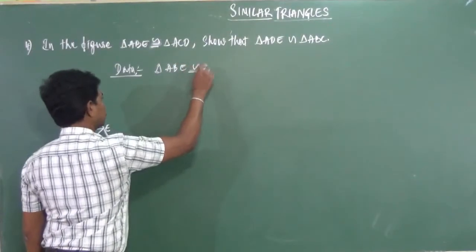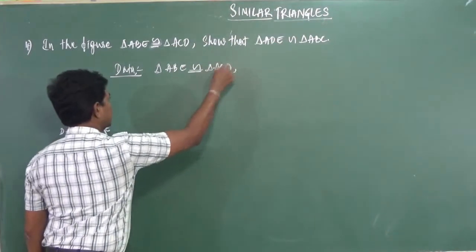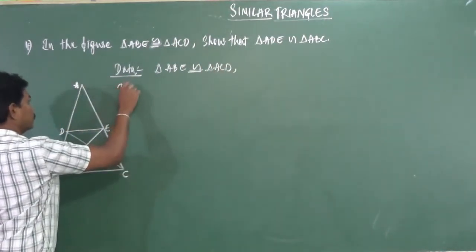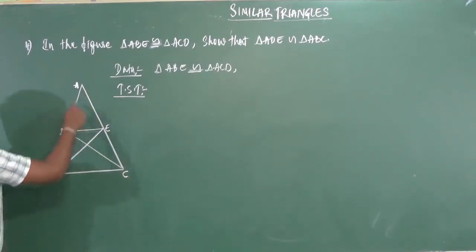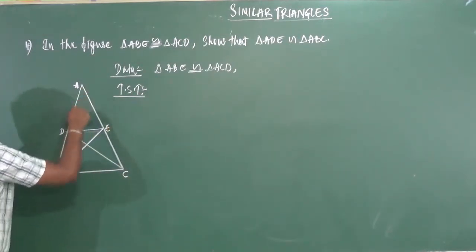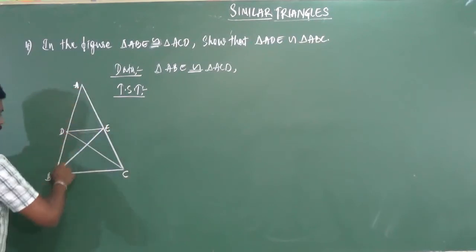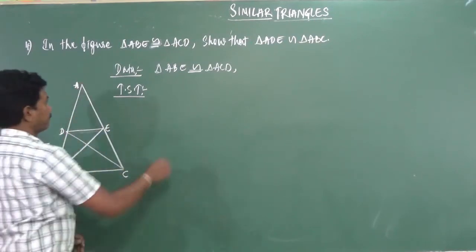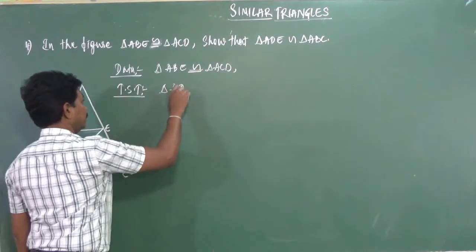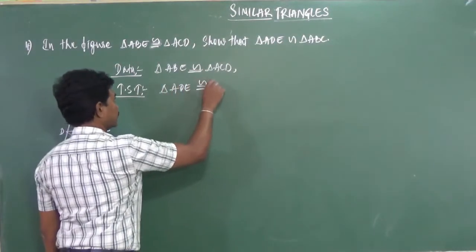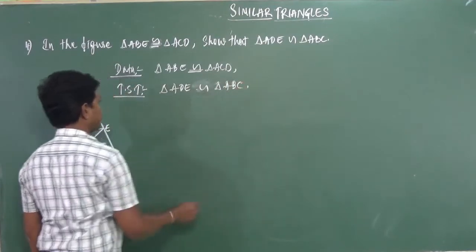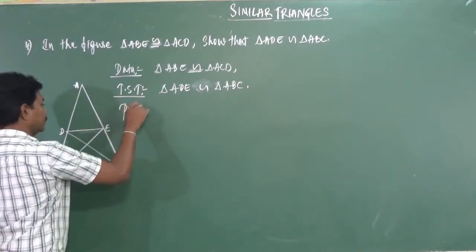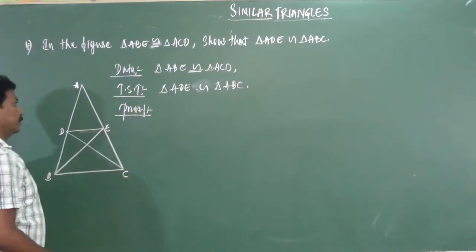Triangle ABE is congruent to triangle ACD. To show that, you have to show that triangle ADE is similar to triangle ABC. Right, so we'll go with the proof, very important.